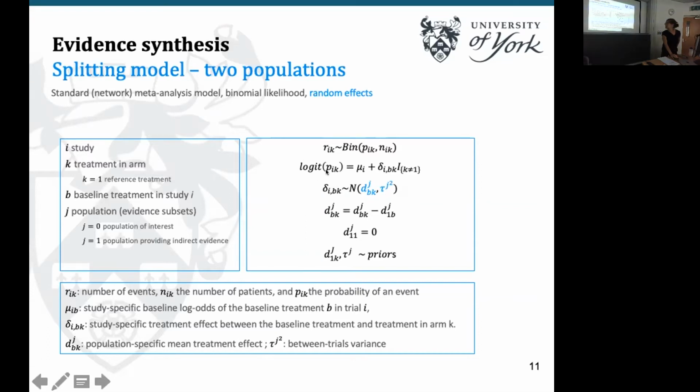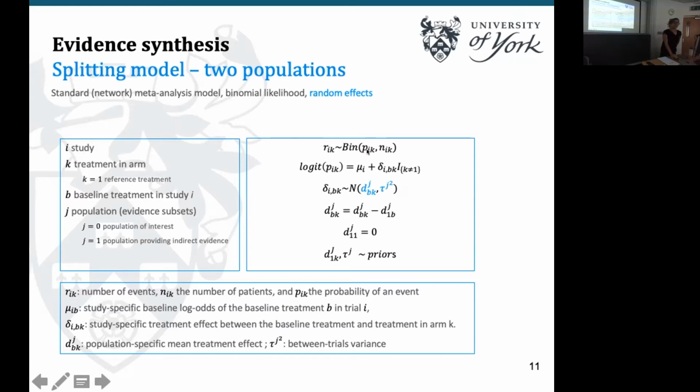In this case, it's the log odds ratio, so it's a logit model. To pool those studies, you typically assume some form of likelihood for your number of events out of the total number of patients, for treatment K in each arm of your study I.